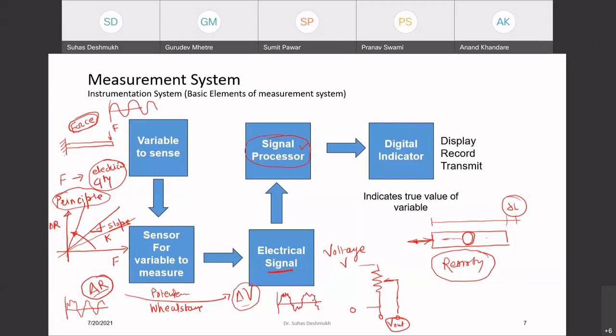Again, some more noise has been captured. To remove whatever noise it has captured, that is basically a process called signal processing. And then either we can record it, or transmit it, or display it on a digital indicator, or things like that. So that is basically the concept of a measurement system.